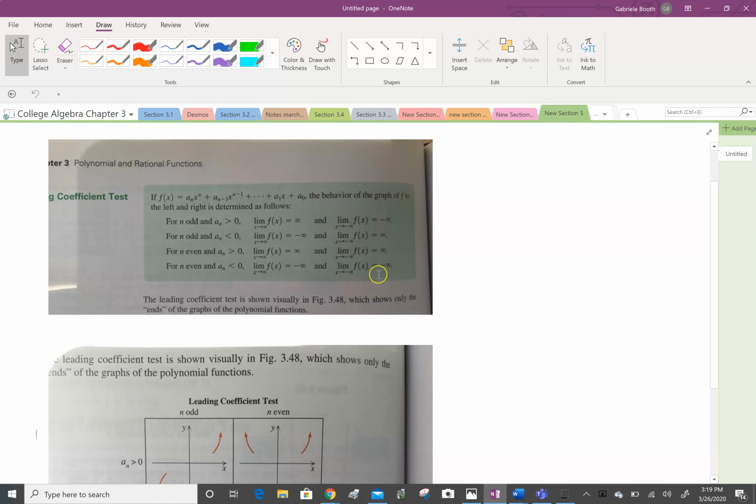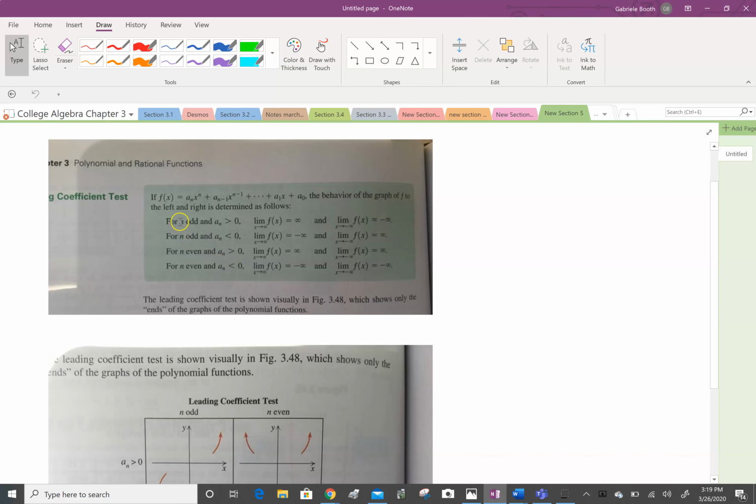Let me just show you the leading coefficient test rules that you see in the book on page 306. If you have any polynomial with an odd degree, the leading coefficient test depends on the degree of the polynomial as well as the leading coefficient. Is the leading coefficient positive or negative?